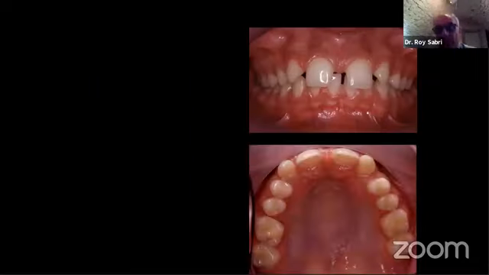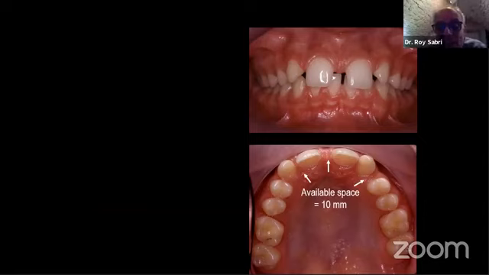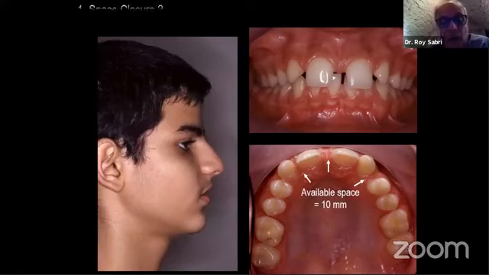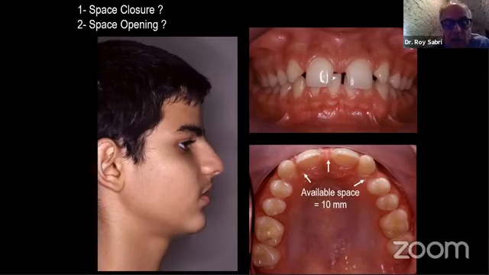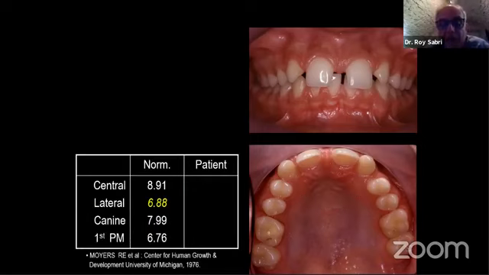On the other hand, look at this patient. This patient has a big arch, small teeth, and there is an available space of 10 millimeters. So as far as arch length deficiency, it's a space opening. He has a short lip, but he can afford pushing the lips a little bit outward.